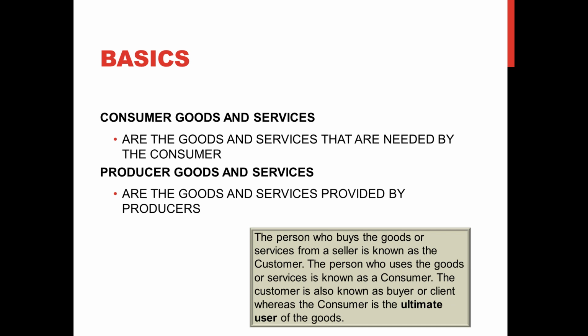So, the consumer is the ultimate user of the goods, no? So, a customer is the one who buys, not necessarily the one who will also use it, or they can also buy and use the goods and services themselves. So, that is the primary difference between customer and the consumer. Okay?